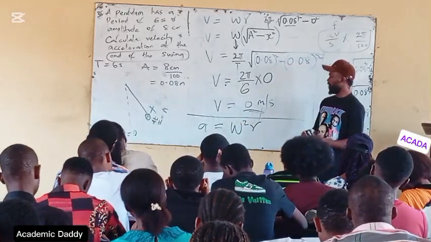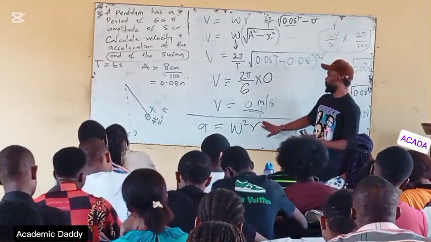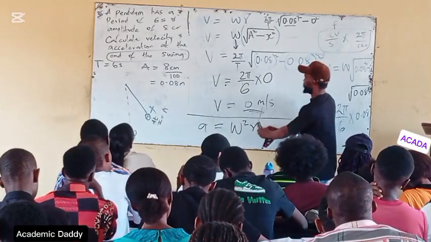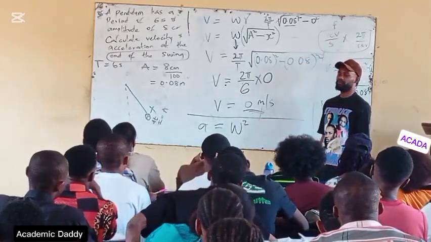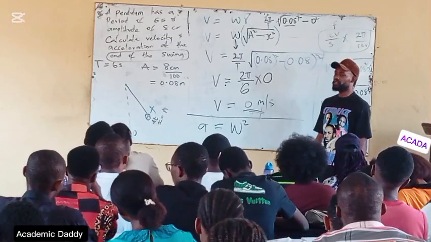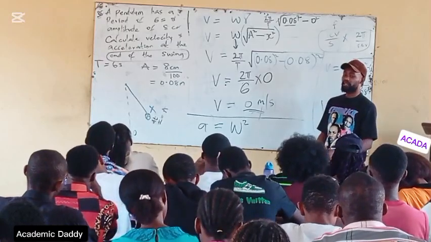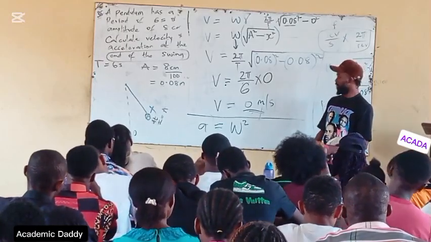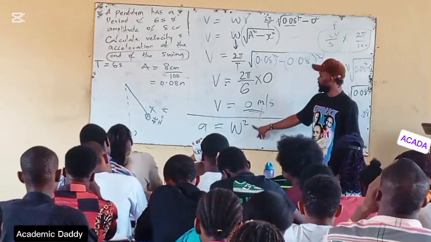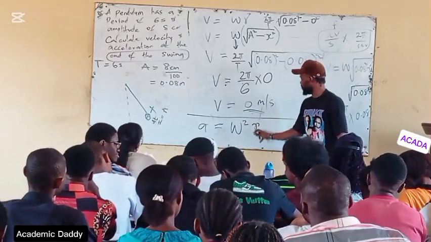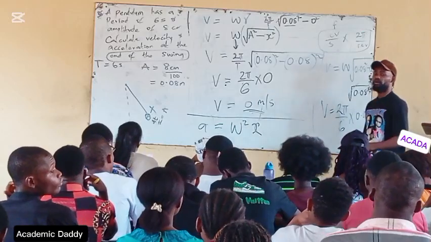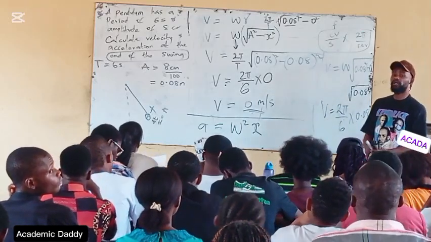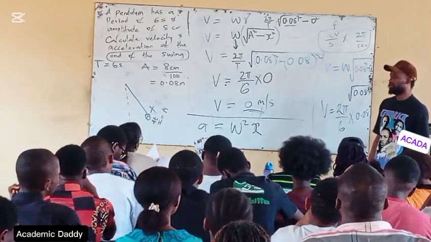In this case now, I will remove my r and replace it with either x or y. Somebody said y. Why I'm removing this now is for my displacement. What if I replace it with what?